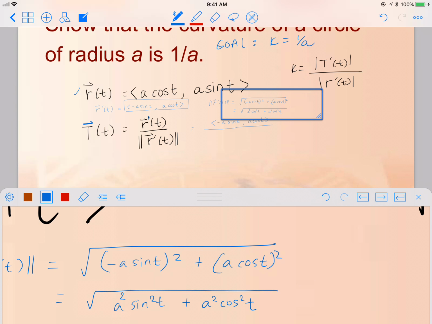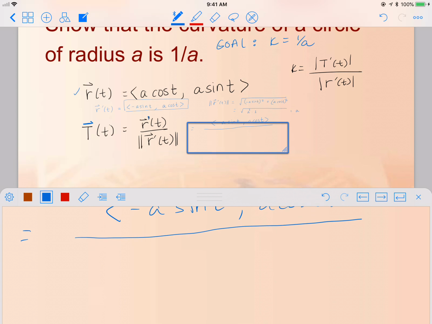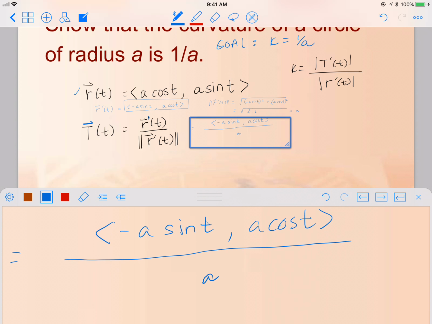And that is just going to be a, because sine squared t and cosine squared t add up to 1. So I can factor out a squared, and then sine squared t plus cosine squared t is equal to 1. So we get the square root of a squared times 1, which is just a. So on the bottom here, we've got a.